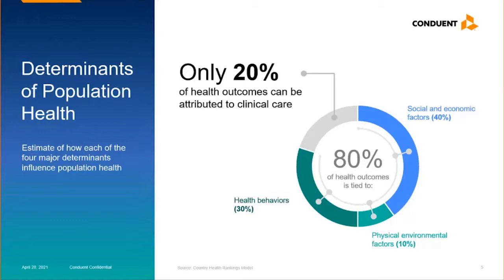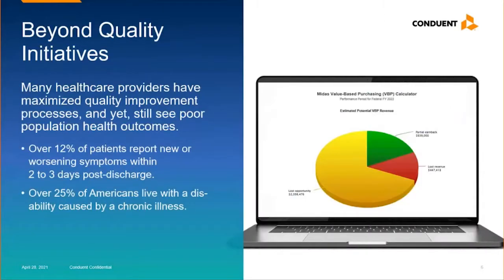So let's talk about where we go for monitoring this quality. So beyond just doing that monitor, many of you have felt like you've just maximized those performance and quality improvement efforts using tools like our value-based purchasing calculator, but you still aren't seeing the outcomes that you would like to see.